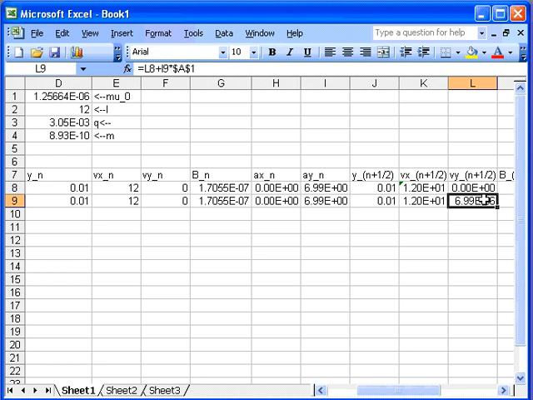So for Vy, I want to look at this one again. This is an F8 plus H8. That's good. For some reason I used the X component of the velocity, so that should be an I.